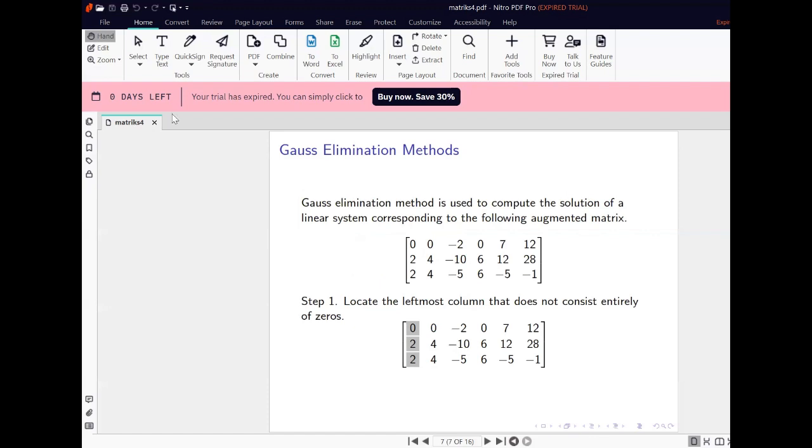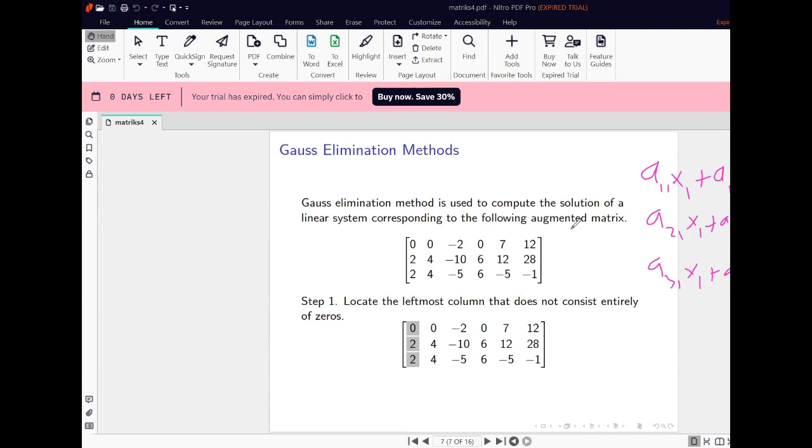Hello, how many variables? This augmented matrix comes from the linear system: A11 x1 plus A12 x2 plus and so on is equal to B1, and A21 x1 plus A22 x2 plus and so on is equal to B2, and A31 x1 plus A32 x2 is equal to B3.